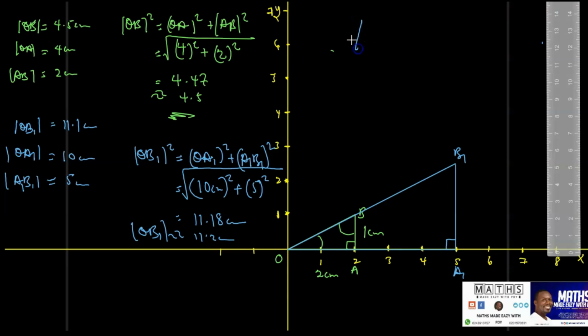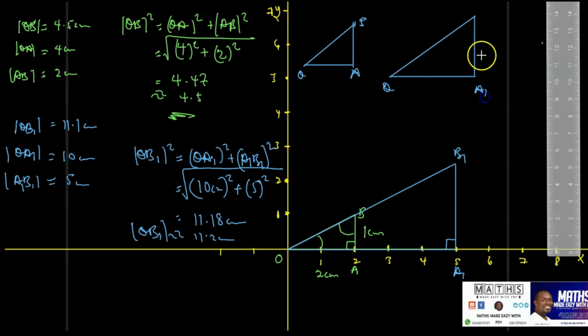Remember we had two triangles. I need your response. Remember I've told you I need your response a lot. So we have one triangle which is O, B, and A. And we have another triangle which is bigger, and that one is O, A1, and B1.